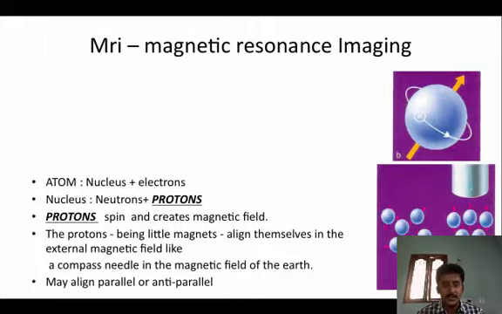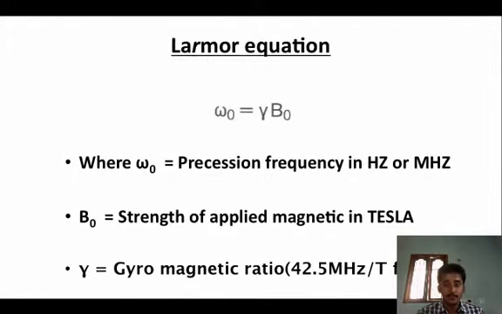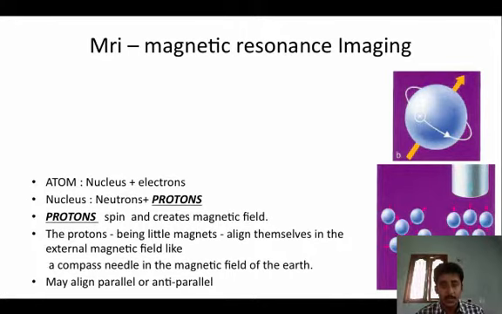But why does any water molecule not exhibit a net magnetic moment? It is because the protons by default are aligned in such a way that their magnetic moments cancel each other. So what is our aim? Our aim is to align these protons in a specific direction.